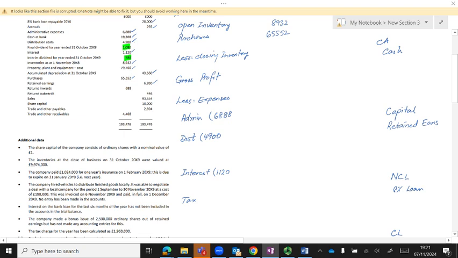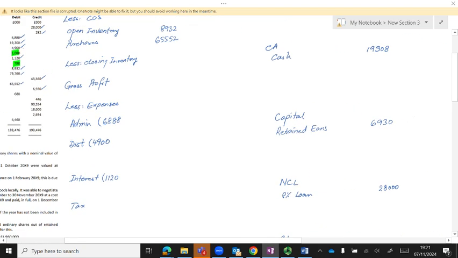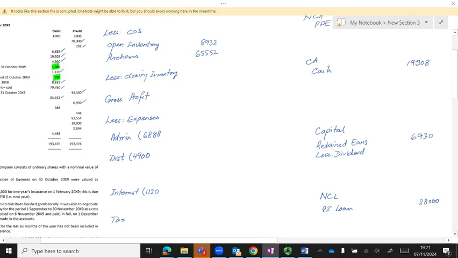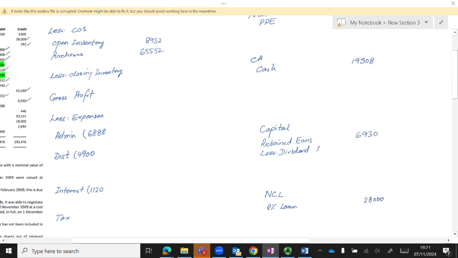And out of retained earnings, we will be paying the dividend, both the final and the interim.